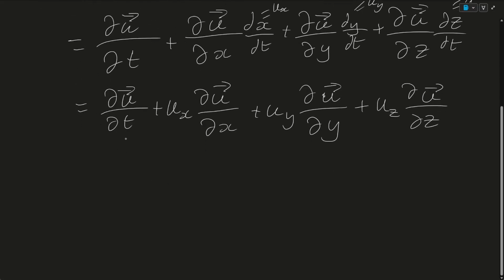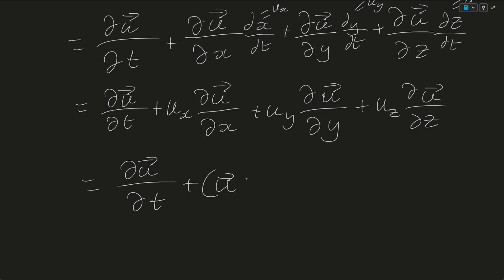Now we can use a shorthand notation for this, because this is just the gradient dotted with the field. So we can write this as the partial of u with respect to t plus u dot del u.